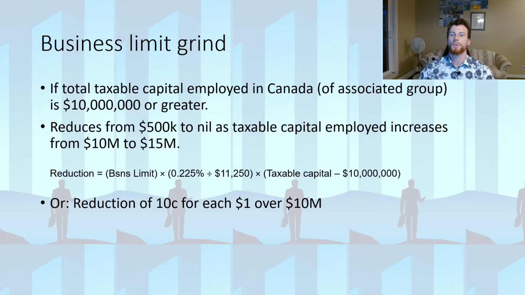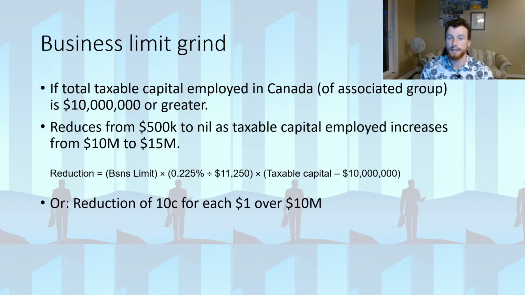Another concept when it comes to the business limit is that it does grind away if your corporation could be defined as large. If the total taxable capital employed, being the total assets of the company in Canada, is greater than $10 million, this will reduce the business limit.